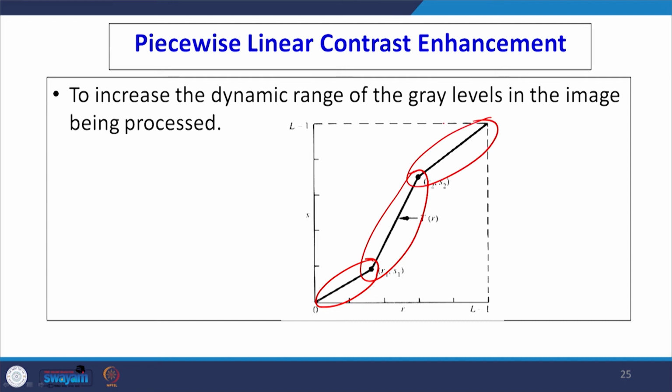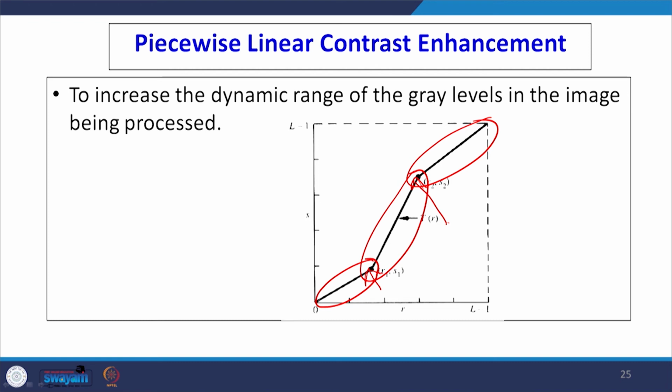So you can see that the whole of the grayscale range has been divided into several pieces. So there is a breakpoint here and there is a breakpoint here. So we have now three pieces in this example, and the first piece, the second piece and the third piece, we are not applying the same linear method, but we are enhancing each part according to the desired object which we want to identify.